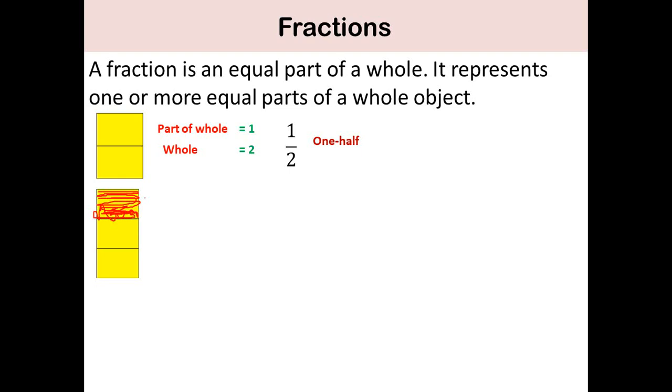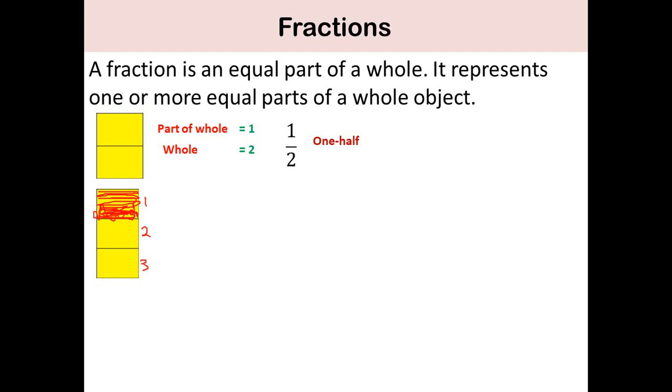If we divide the chocolate into unequal parts, then we can't write in fractions. So you have to divide the chocolate into equal parts. So I have divided it into 3 equal parts. This is my first part, this is my second part, this is my third part, right? And I have taken one part out of this, right?